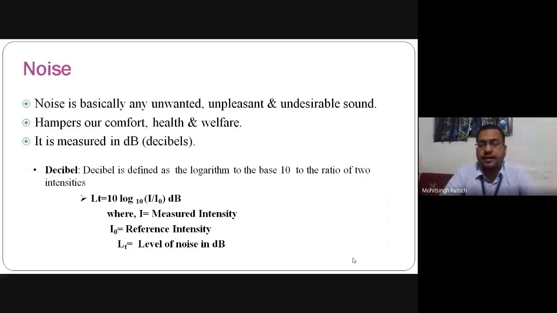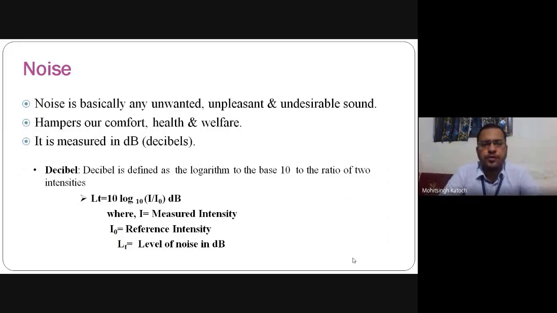So noise damages our health, and we are unable to concentrate in any work if we are in a noisy environment. Noise pollution is measured in a unit known as decibels, and it is denoted by small d and capital B.